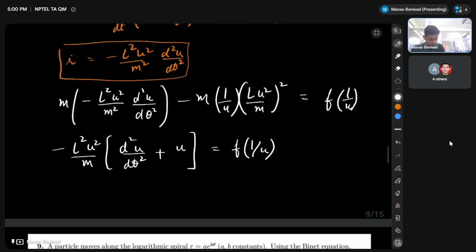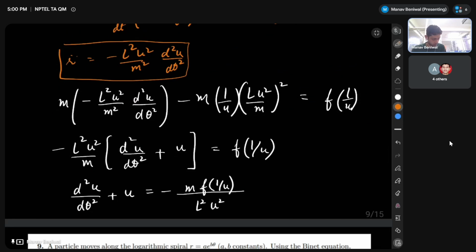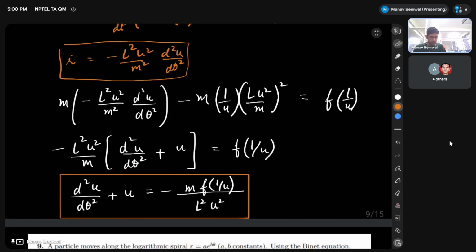Right, so finally I can write my differential equation d2u by d theta squared plus u equals minus m f of 1 over u, over L squared u squared. Okay, and this is my Binet equation.